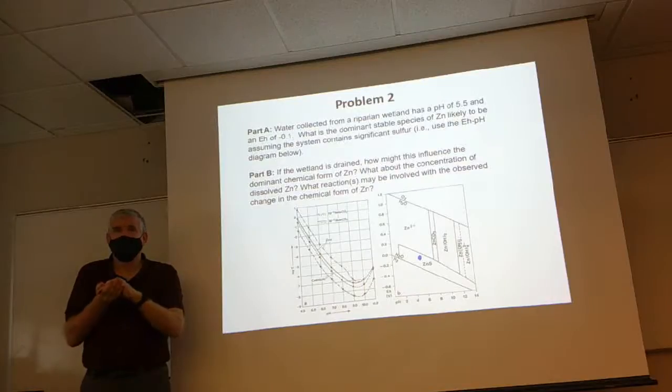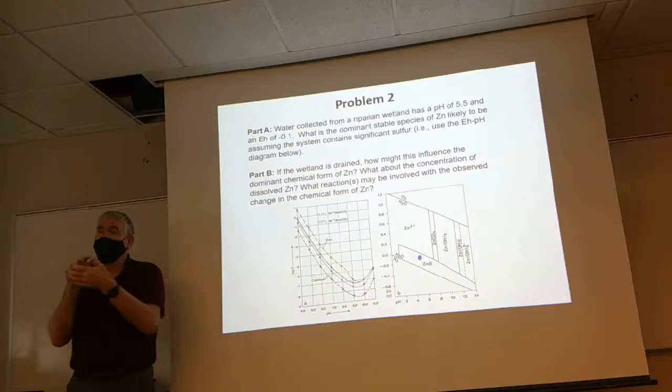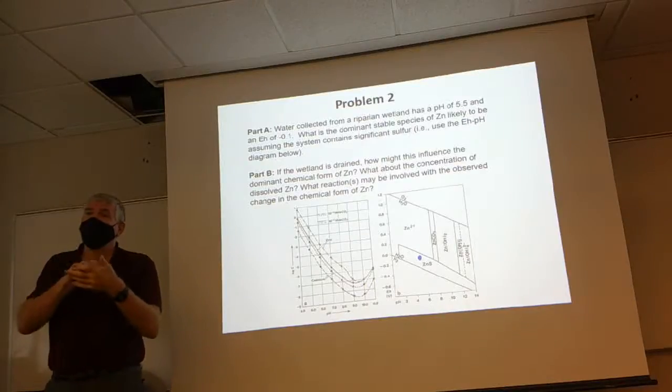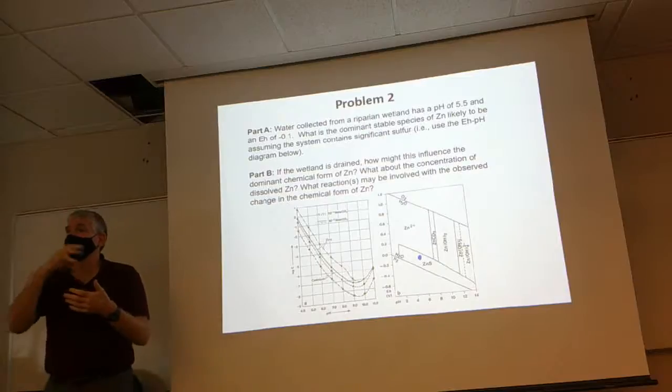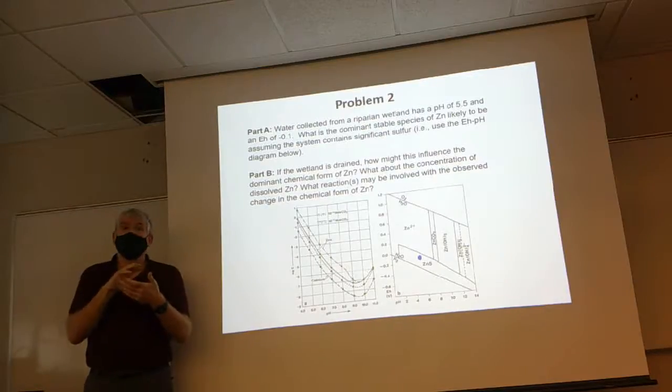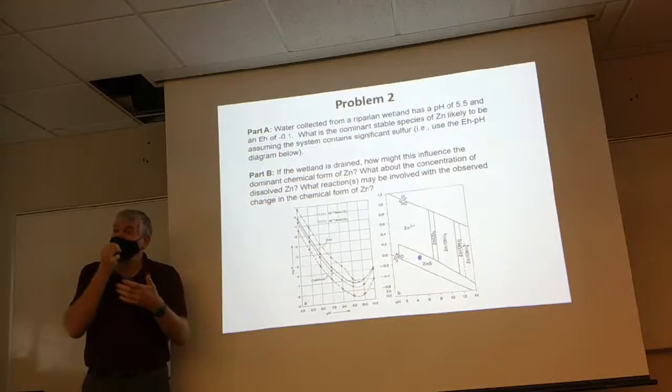The iron and manganese is likely going to be in solution, right? Because under reducing conditions, manganese and iron oxides and hydroxides tend to go into solution. Certainly much more solution than they would be under an oxidizing environment.